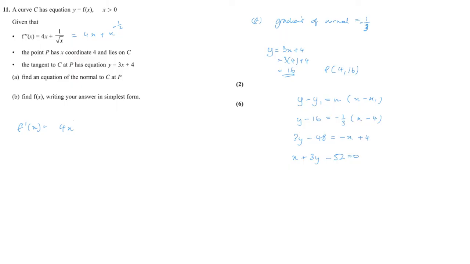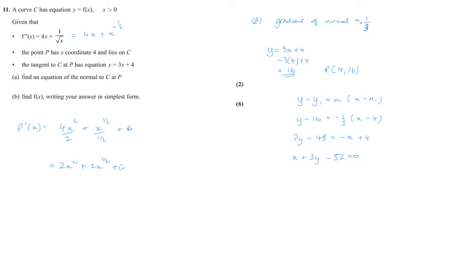So 4x squared over 2 plus x to the half over a half plus c. So 2x squared plus 2x to the half plus c.